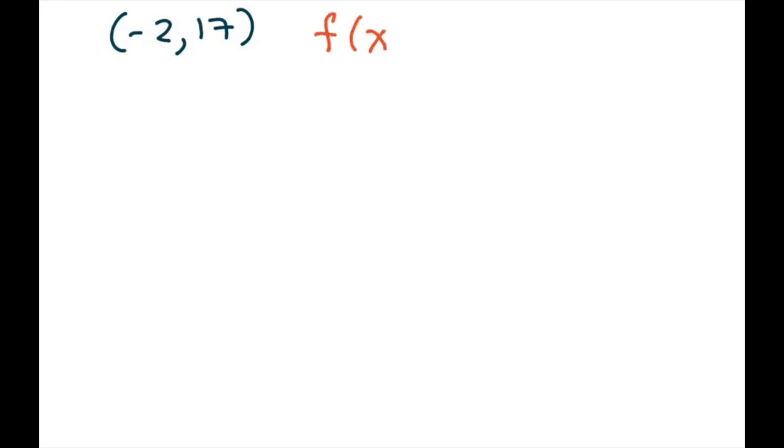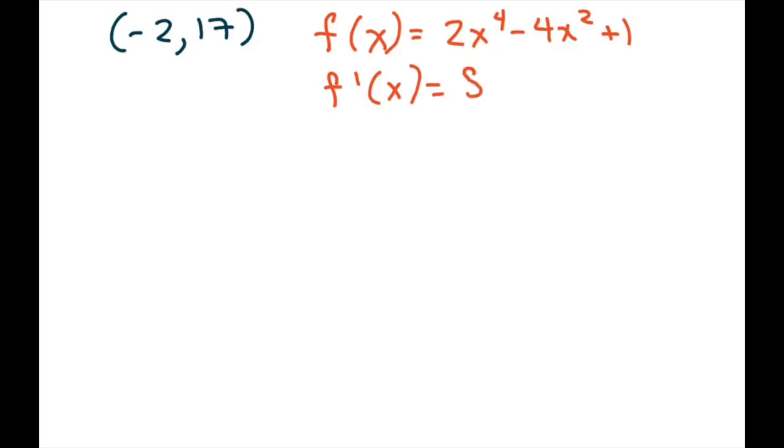Again, our function is 2x to the 4th minus 4x squared plus 1. So we do f prime of x, and we get 2 times 4, which is 8x cubed minus 8x.